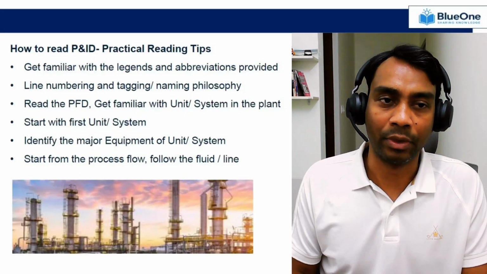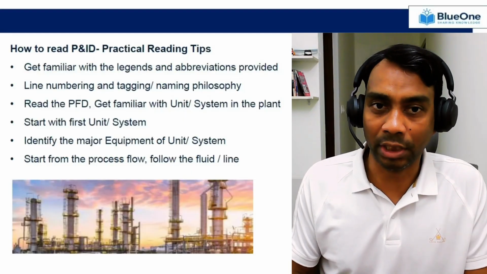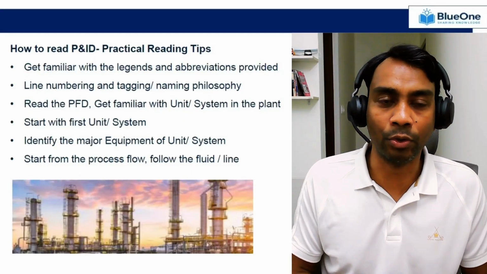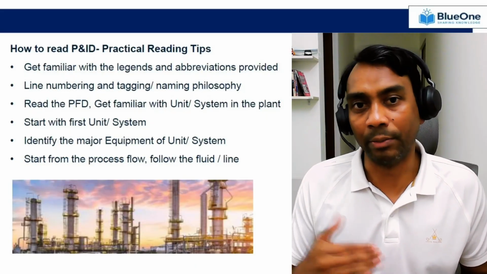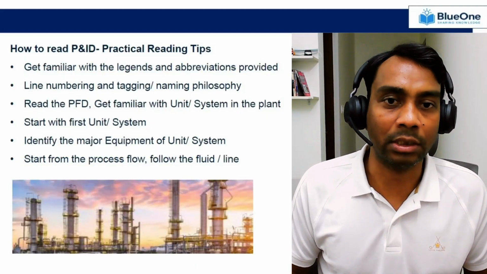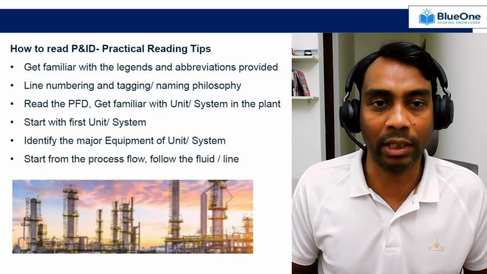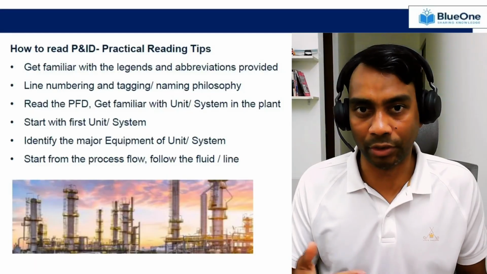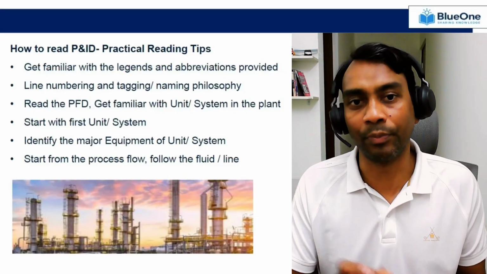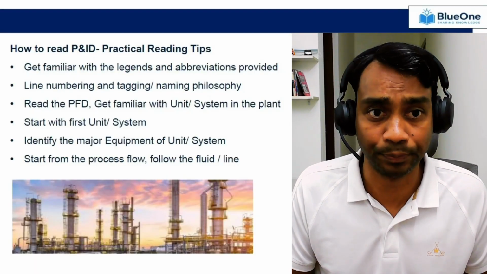So the first step: get familiar with the legends and abbreviations provided. If you go to any particular P&ID, try to find where the legend sheet and abbreviation sheet are. Get that sheet, go through it, and try to understand what the different legends being used are and what the abbreviations are for the tagging and naming philosophy.